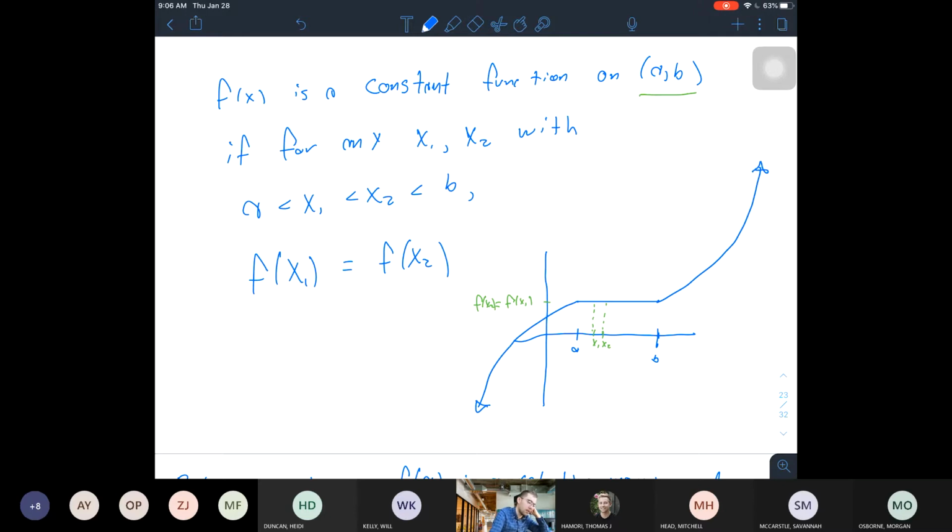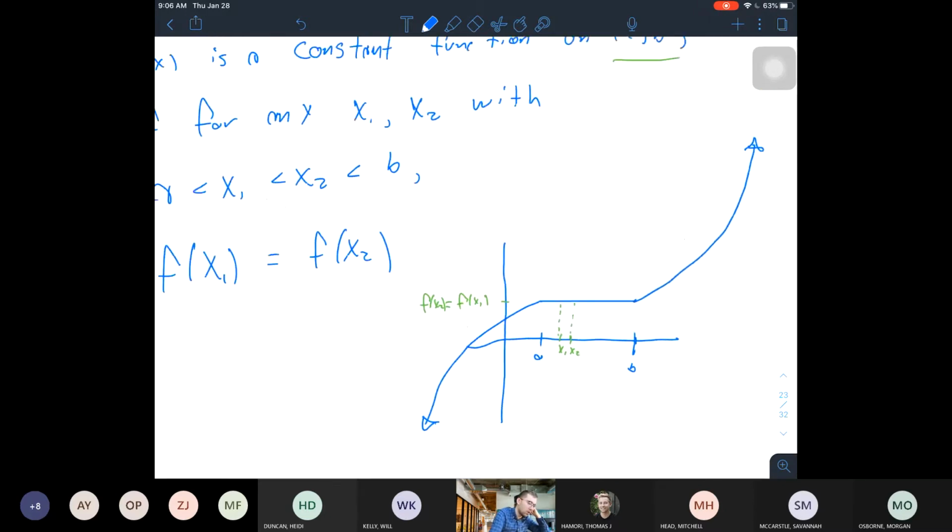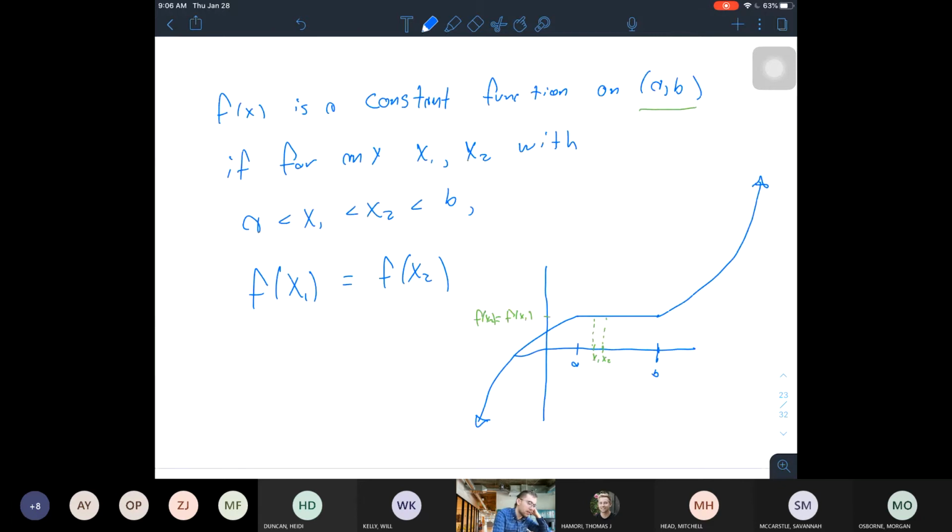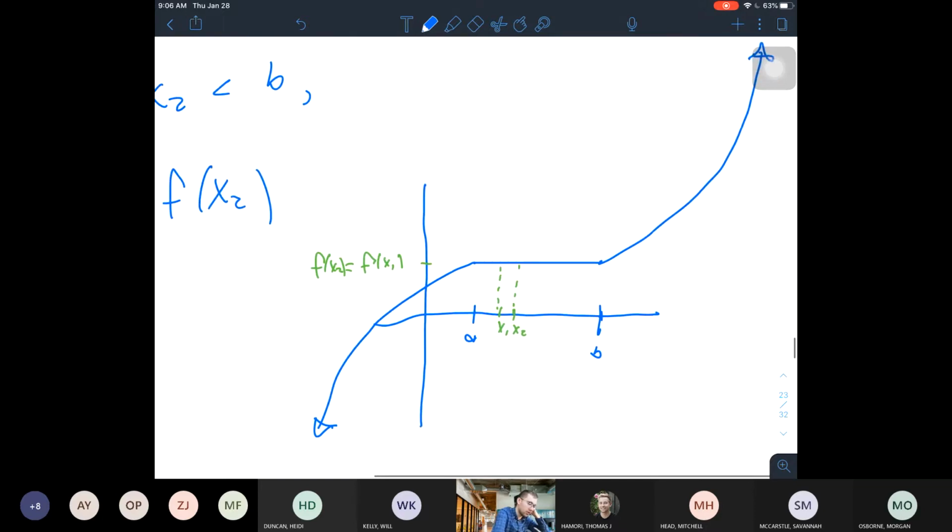But we would still say that f of x is a constant function on a, b. On a, b, what we mean is that locally, if we look at f of x just in between my two goalposts from a to b, it's going to be a constant function.